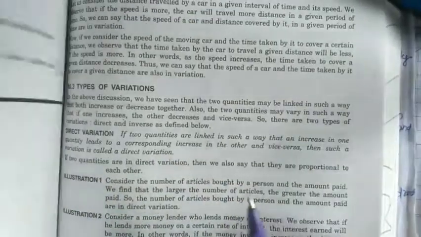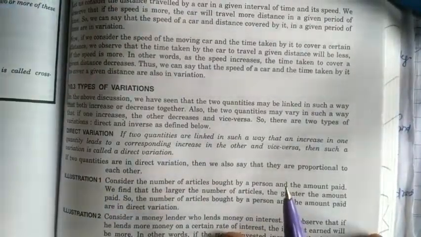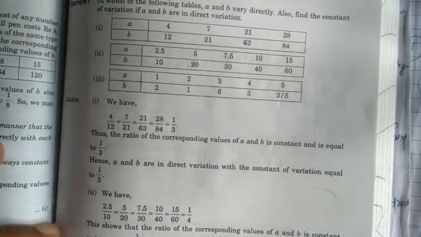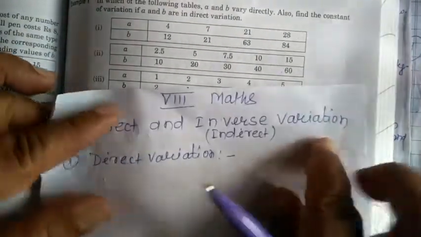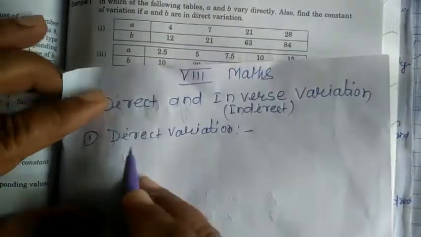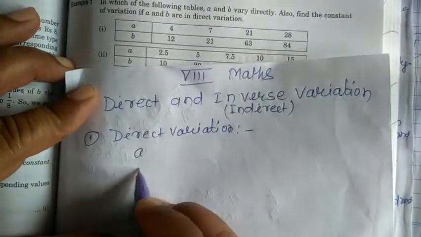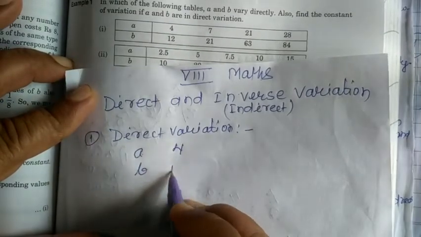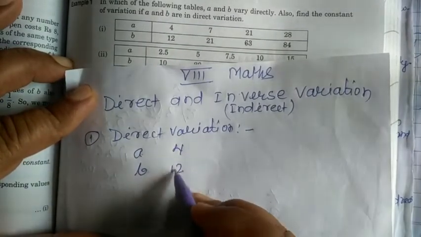Now see, one example regarding direct variation. In the solved example it is written, two values are here, A and B. The first value of A is 4 and B is 12. What do you observe here?